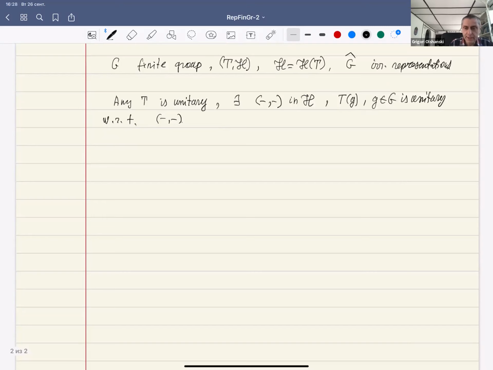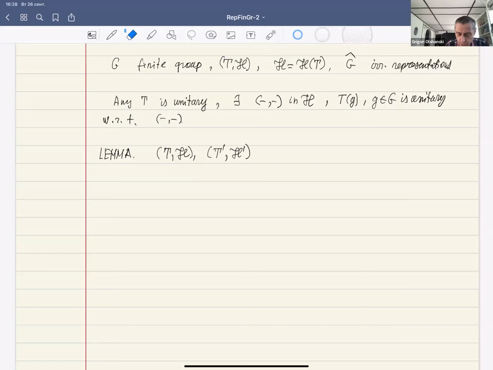And next, let me start with the following lemma. So assume that we have two irreducible representations, T and T prime.